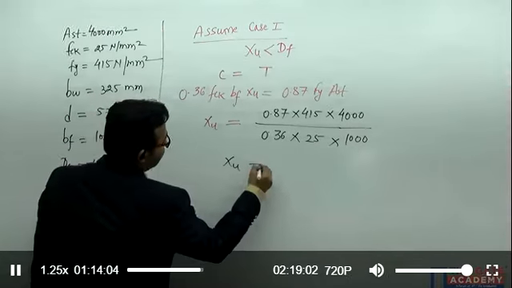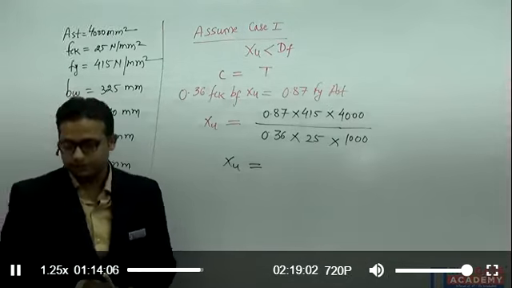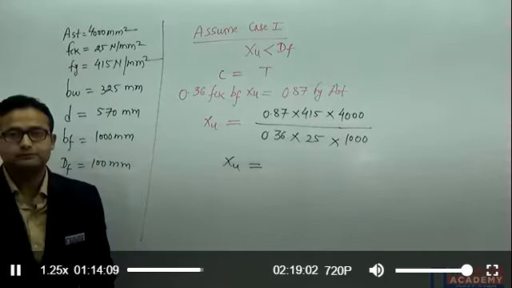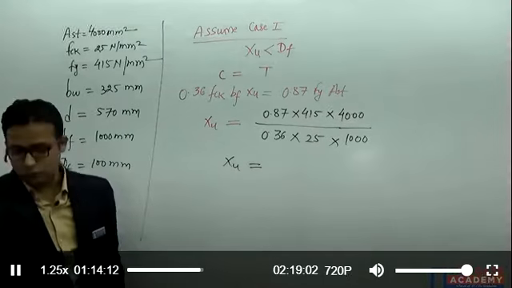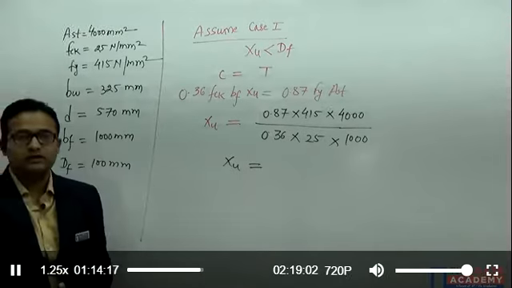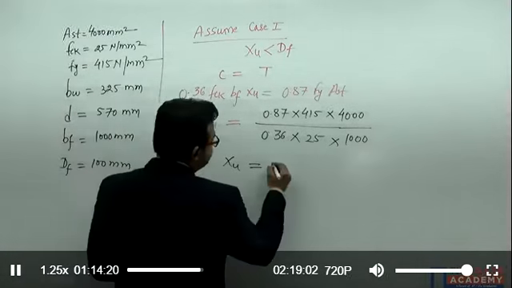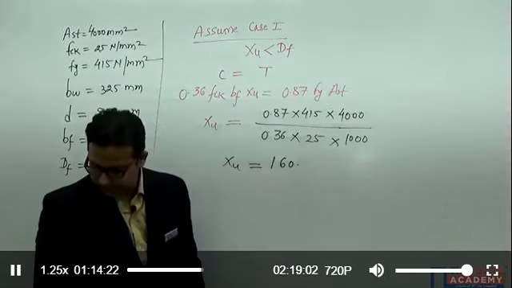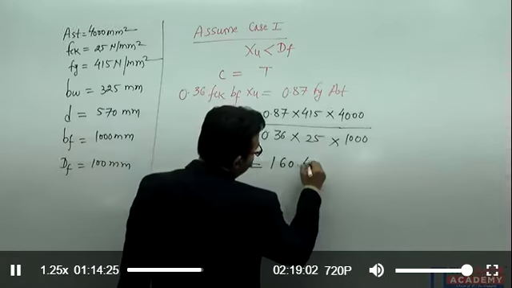So the depth of the neutral axis xu equals, can we calculate? Please give me the answer. What is the value of xu? The value of xu we can calculate, and this comes as 160.467.